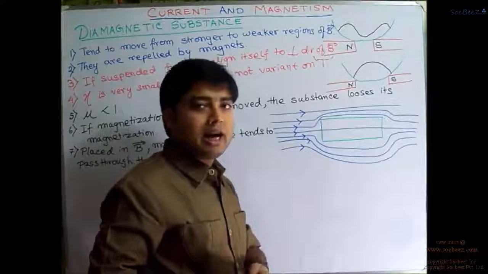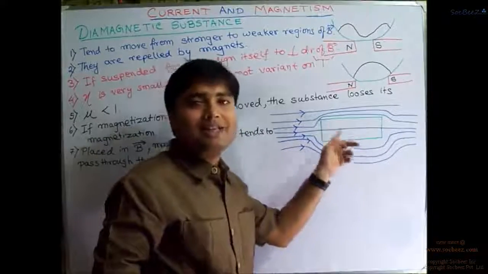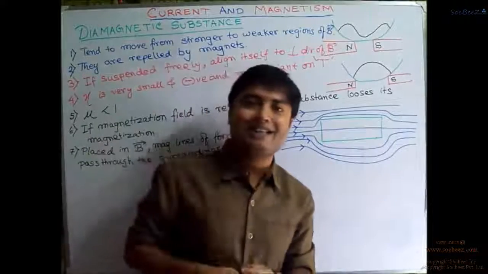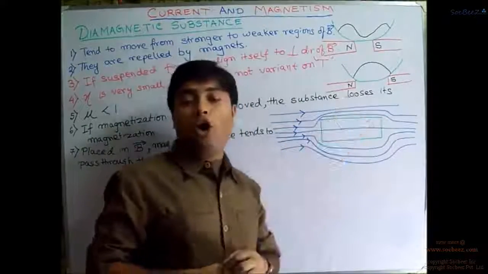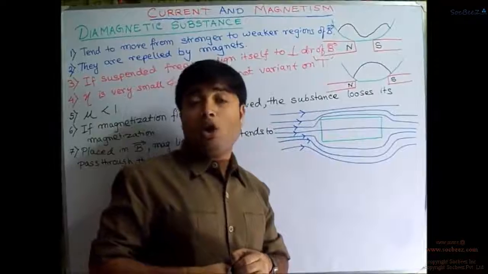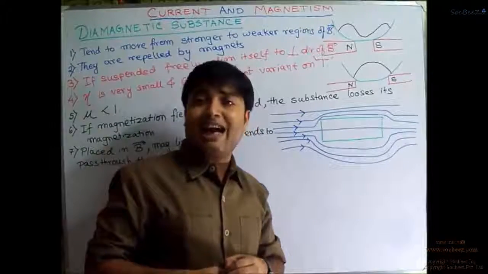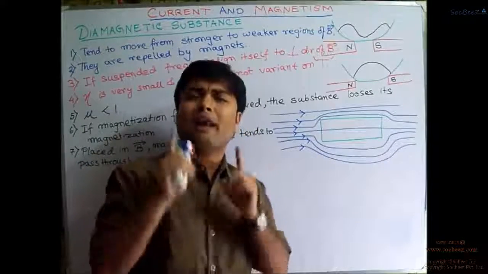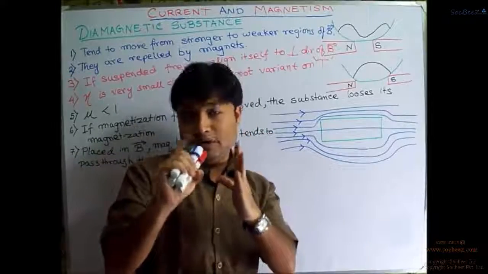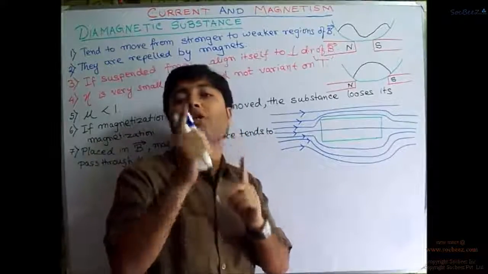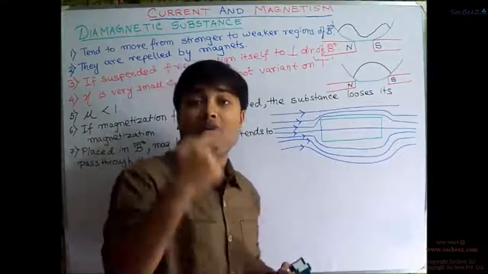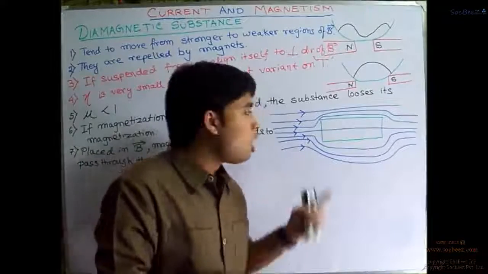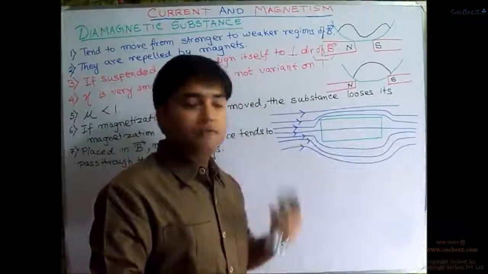Now if we place this diamagnetic substance in this magnetic field B, it is seen that magnetization occurs but is very weak. The direction will be opposite to that of this magnetic field.